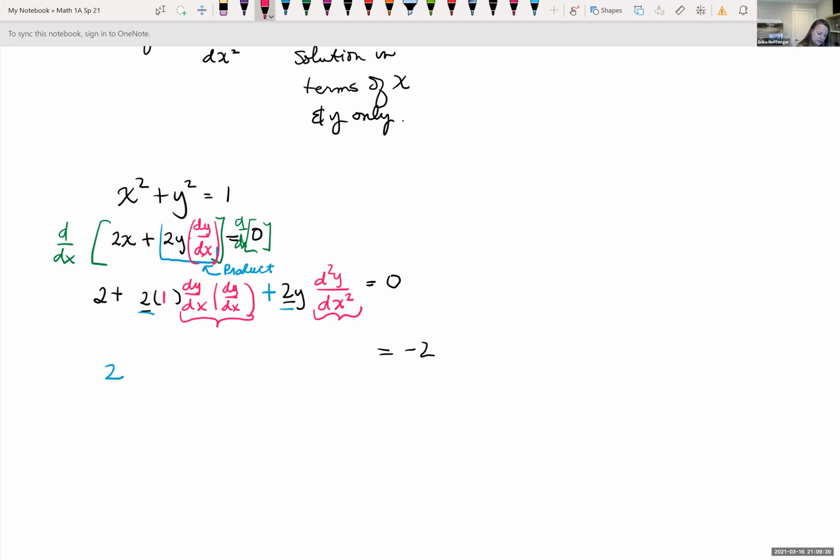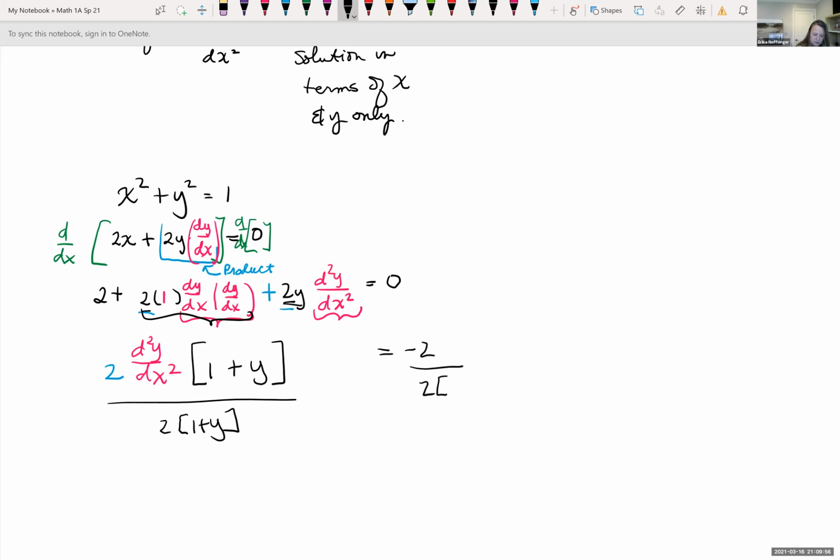Let's pull out the d squared y dx squared. If I do that, I'm left with this piece, just a 1. Plus, and I'm left with this piece, I'm just left with a y. So now if we divide both sides by this 2 bracket 1 plus y, these 2's would cancel, and I would get my second derivative of y with respect to x is equal to -1 all over 1 plus y.